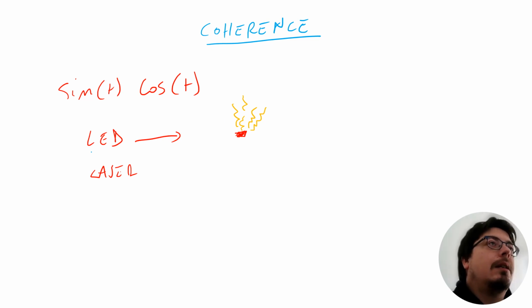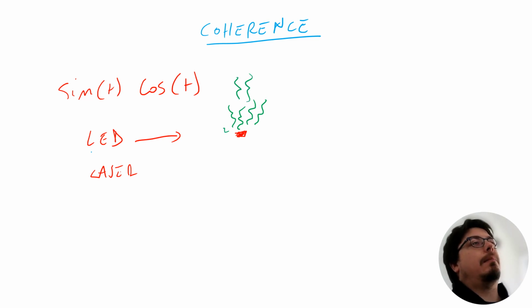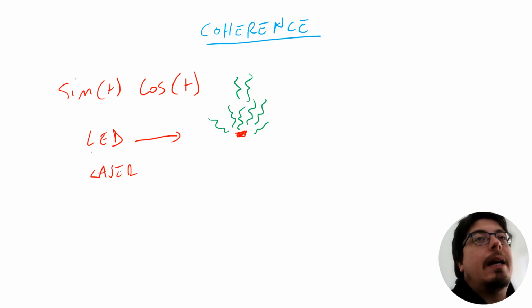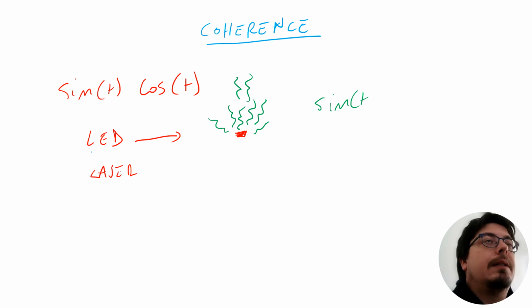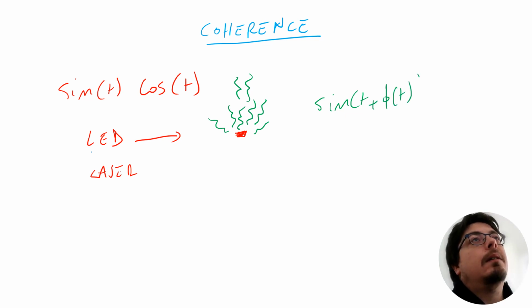Let's pick a green LED, which emits squiggles of light, photons basically, in many directions. Each of these can be thought of as a short sine of t plus some phase, a phase that depends on the emission time.